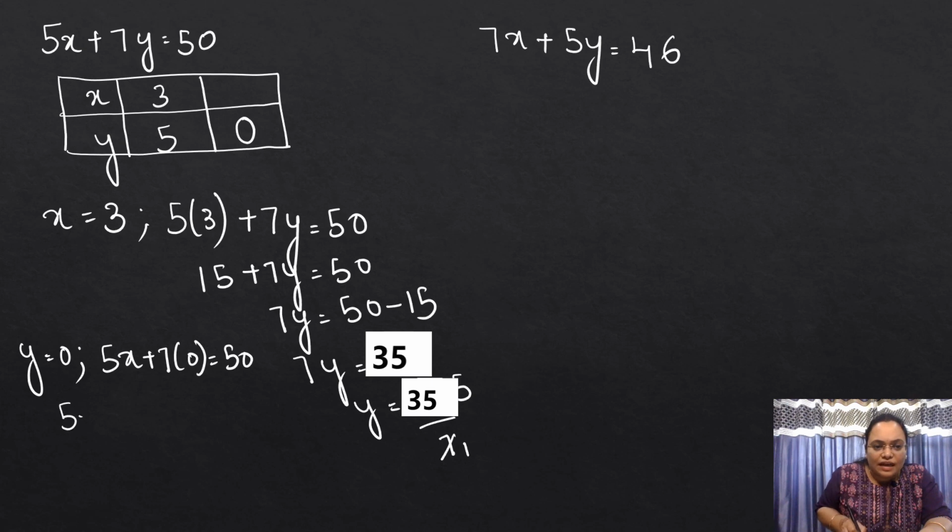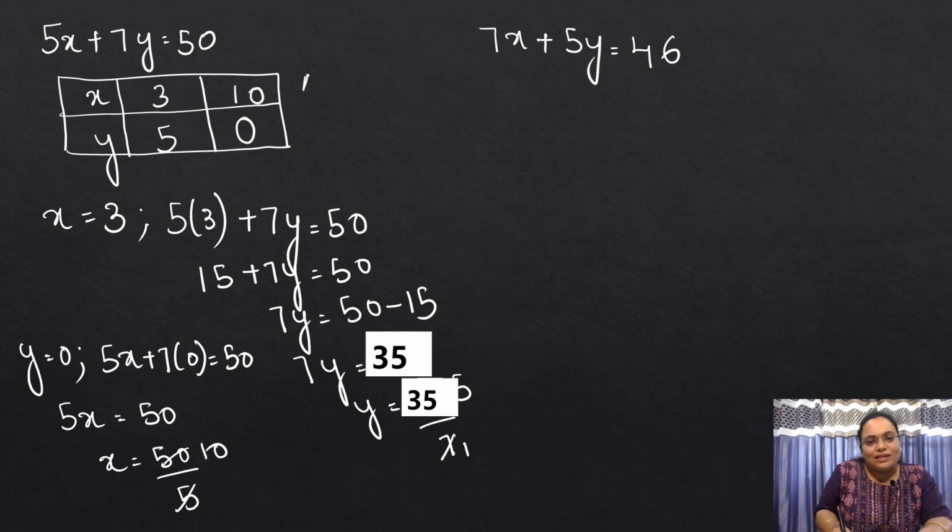So 5x is equal to 50, x is equal to 50 divided by 5, which is 10. So the points are A of 3, 5 and B of 10, 0.